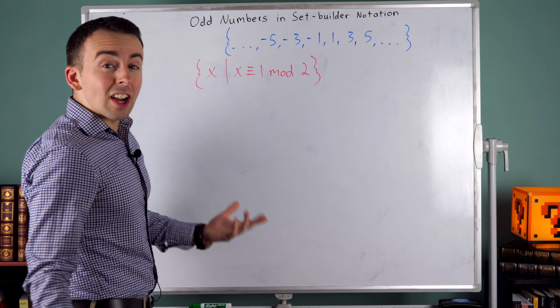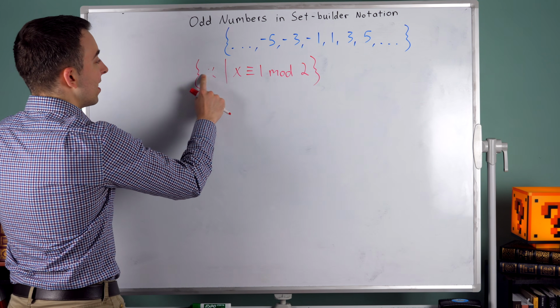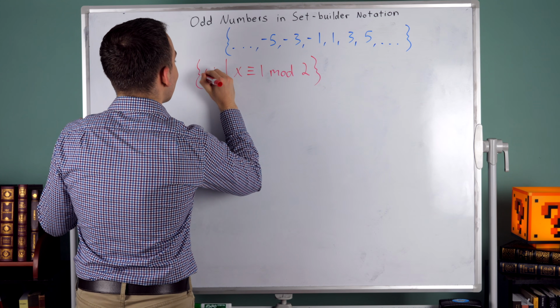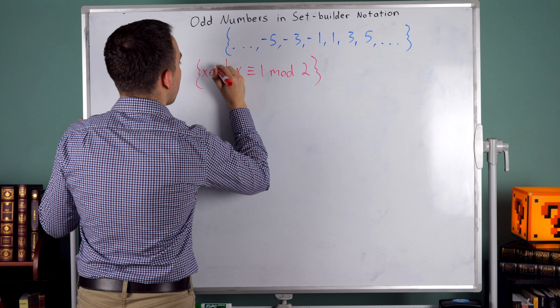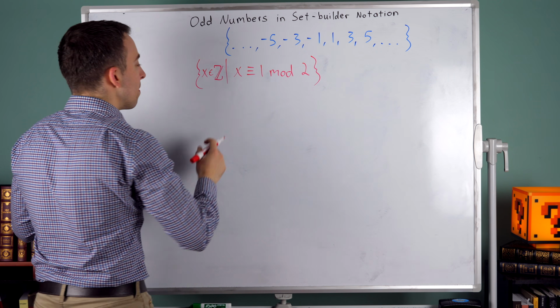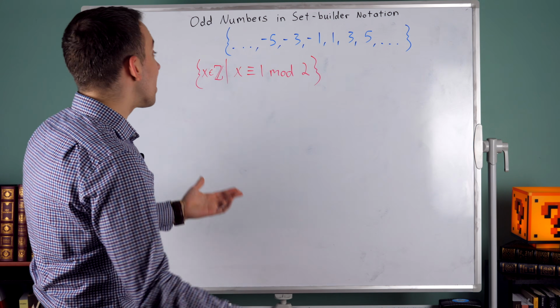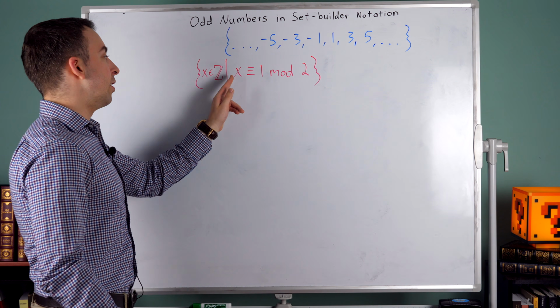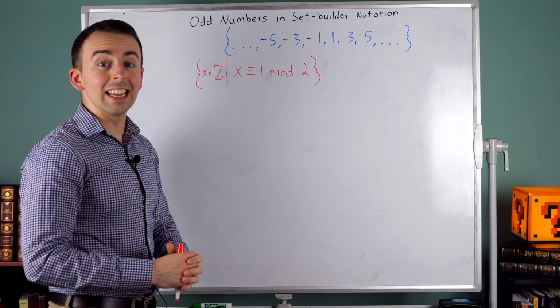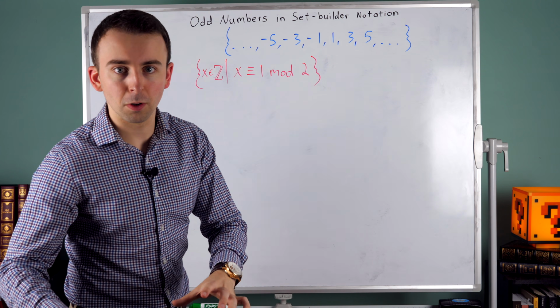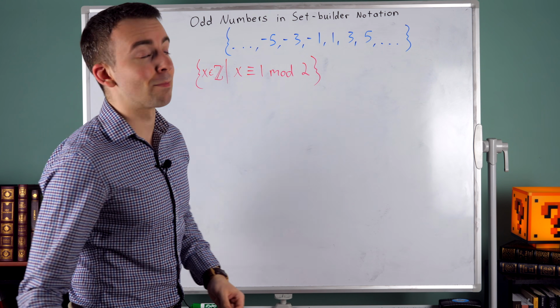The one change I might make to this set is to specify that x has to be an integer. As we said, odd numbers are integers, but the reason I would specify this is because modular congruence is defined for integers, not just for any real numbers.